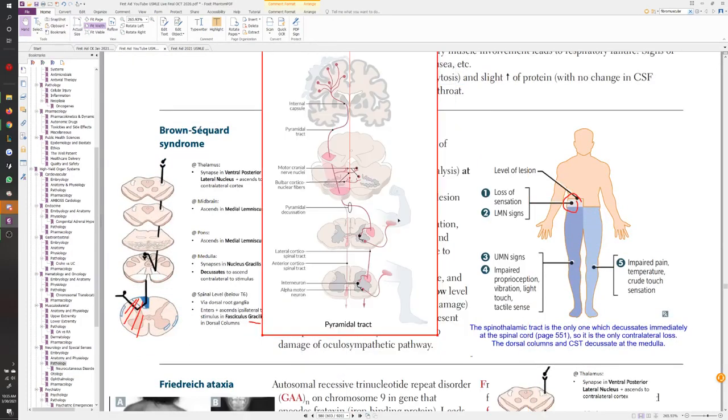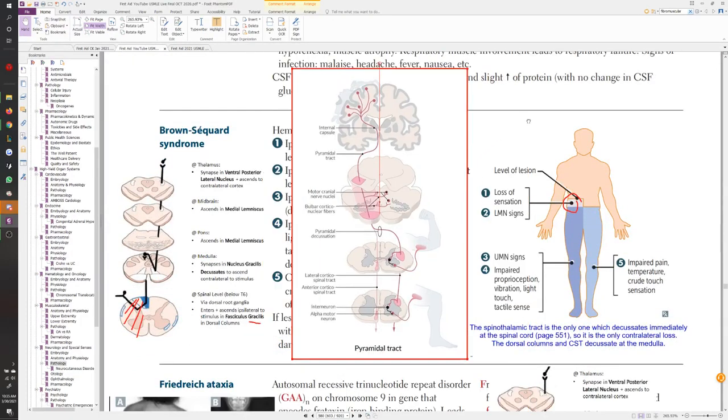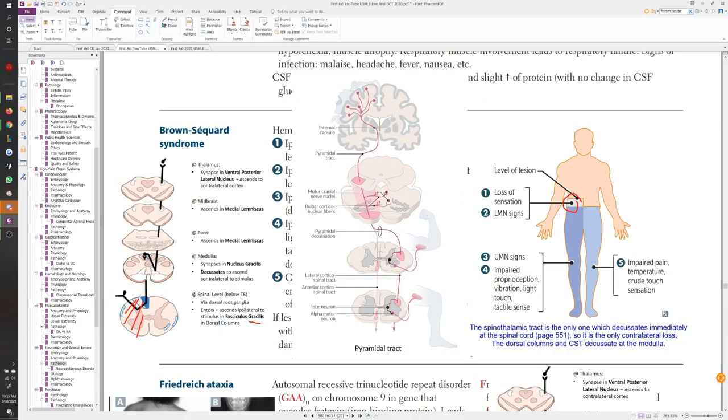So if we put the corticospinal tract here now, we can see that since this guy is injured over here, the level that we're looking at is above the leg one, but below the arm one. So somewhere in between these two, there's another level of the spinal column where this half has been injured.